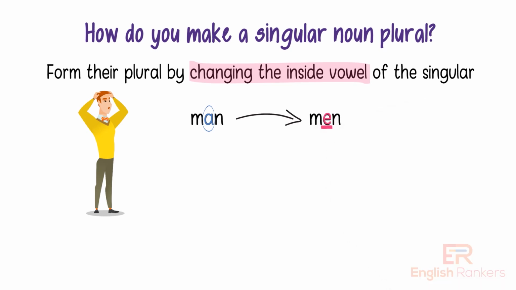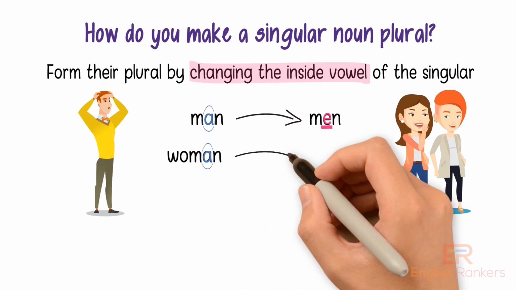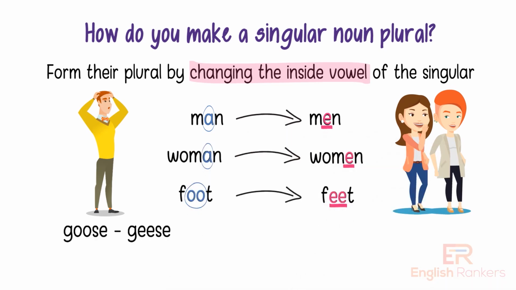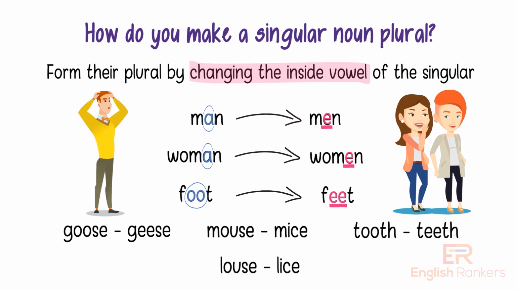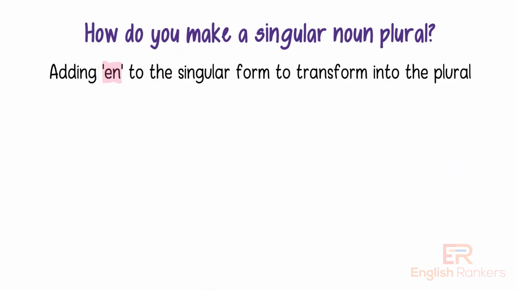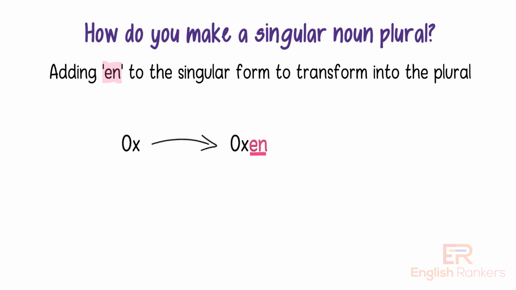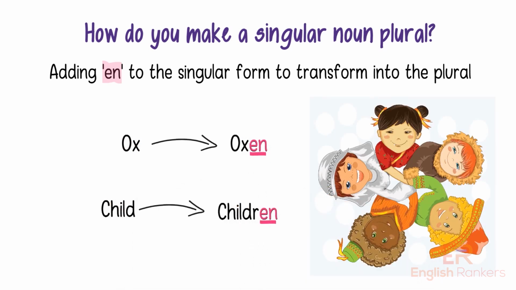See a few more examples: woman, women, foot, feet, goose, geese, mouse, mice, tooth, teeth, and so on. Adding EN to the singular form to transform into plural. Ox will be oxen, child will be children.